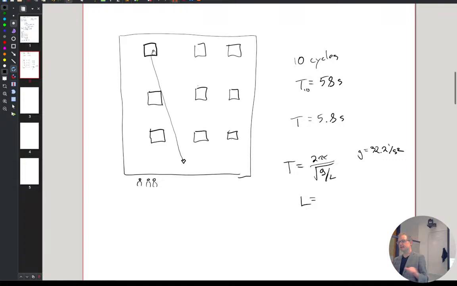Or go meters and then convert back to feet. I got 27.4 feet. 27.4? Anybody else confirm? Yeah, 27.4.